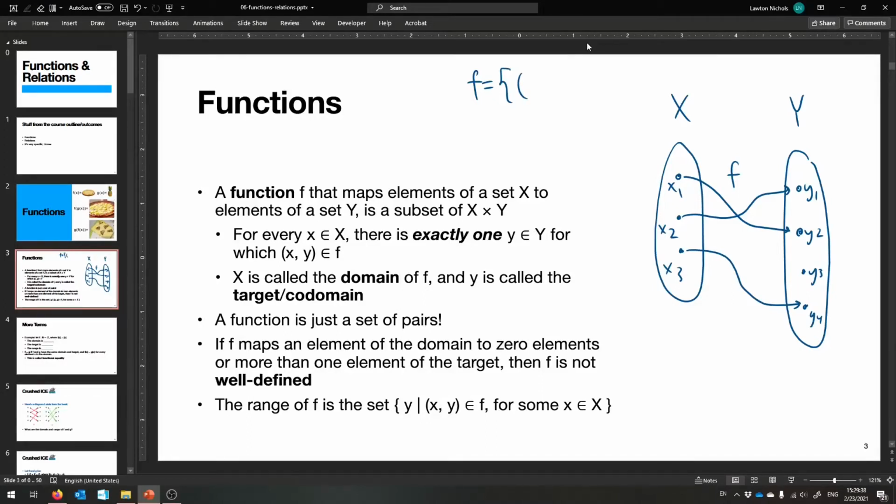So f, the function, is equal to this: (x1, y2). That's the first element of the function because it's taking x1 and mapping it to y2. And then the next element of the function f is (x2, y1). You see that? And then (x3, y4).